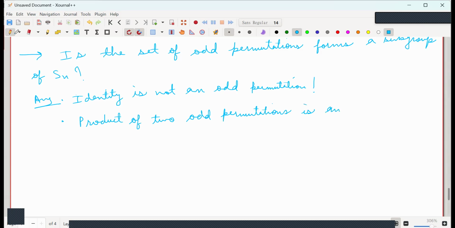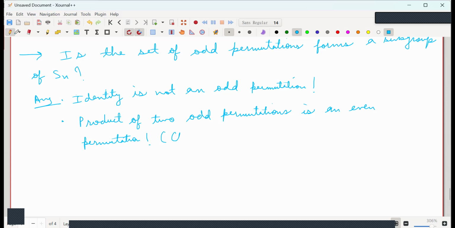Sir, identity is an even permutation also, right, so it's not an odd permutation. That's what I'm writing. Oh, sorry. Okay. So the product of two odd permutations is an even permutation, that you should check.